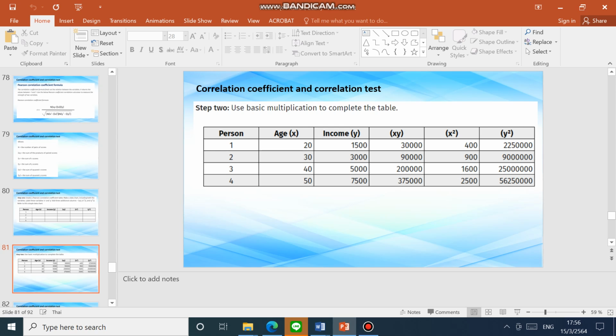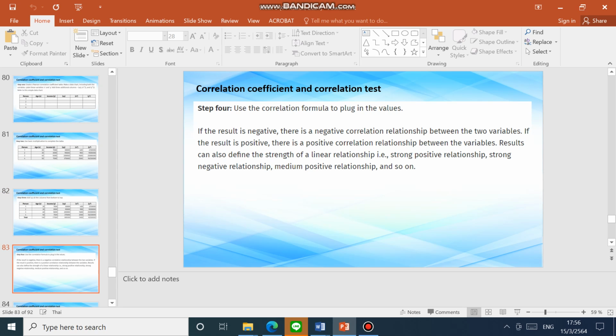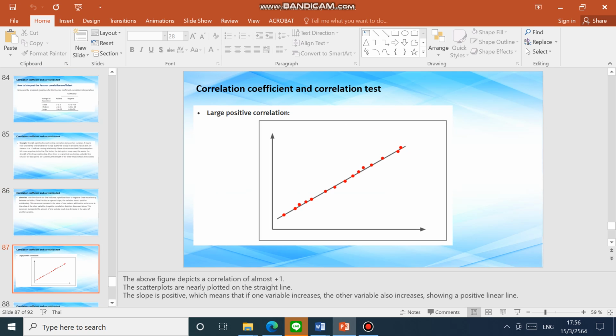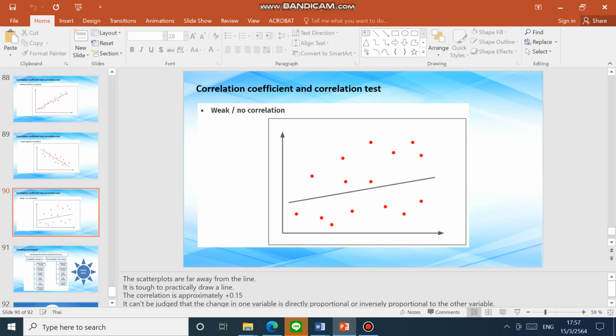It can give you the total very easily, and then you can interpret the Pearson correlation coefficient by using this table to represent strength of association and also the direction. It depends on large positive correlation, medium positive correlation, small or weak, no correlation, and that's it.